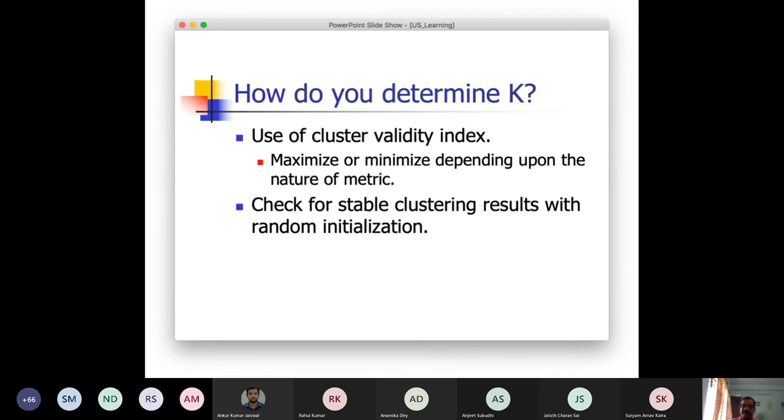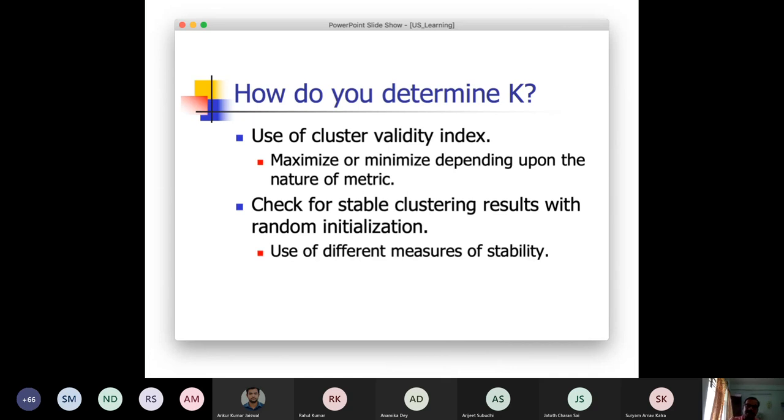That means at that value of k, your clustering is quite stable. This can also be used for determining the value of k, which means you have to run the k-means algorithm several times with different initializations and observe the stability of the collection of results.